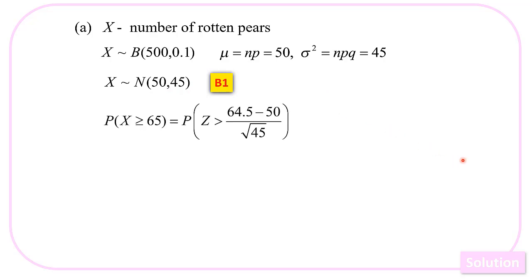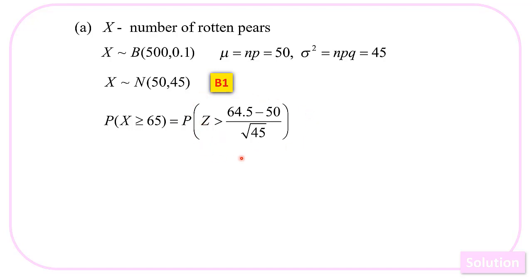Okay, and then answering the question. At least 65 pairs are rotten. Remember here we are changing from the discrete distribution to continuous distribution, so we need to do continuity correction. When we use normal distribution, we need to find the standard score.